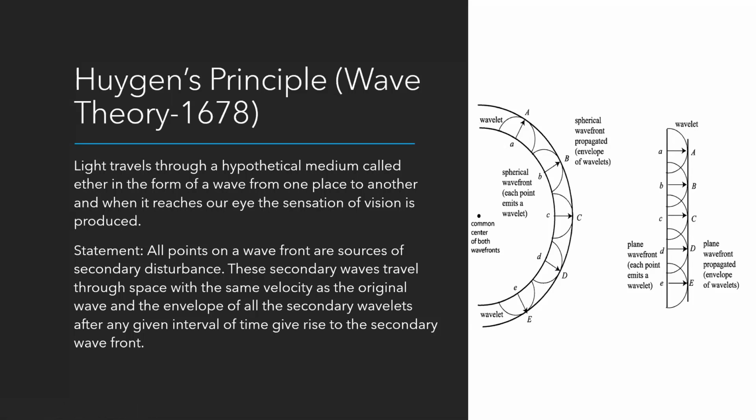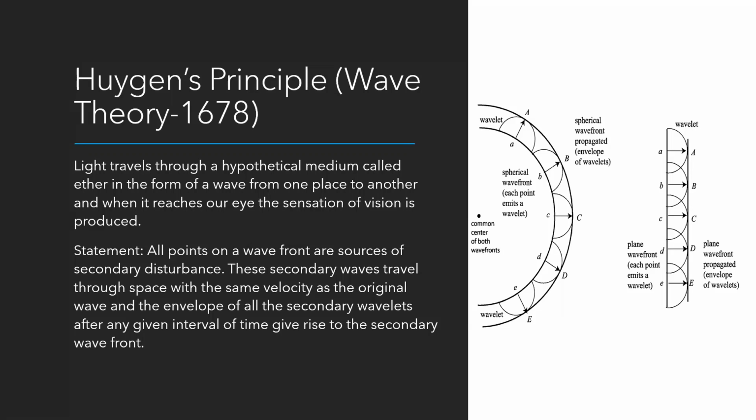Is this clear to you? Christian Huygens wave theory, is it clear to you? Yes, teacher. Okay, so now we will use Christian Huygens wave theory and derive the law of reflection and refraction.